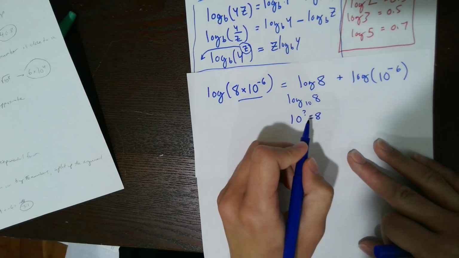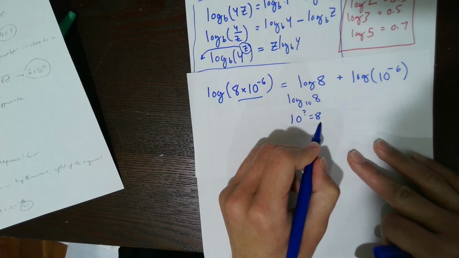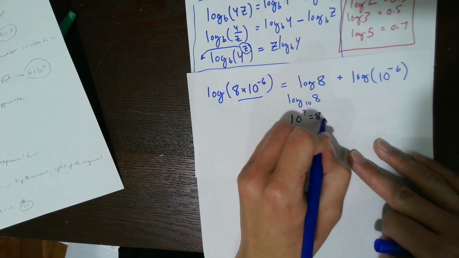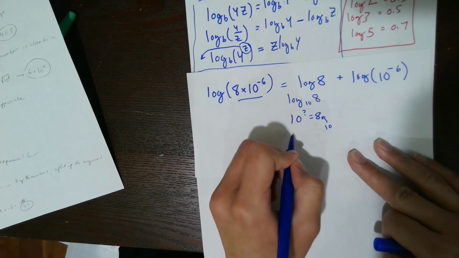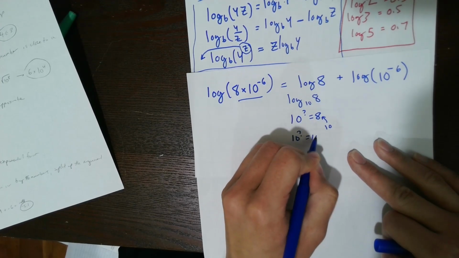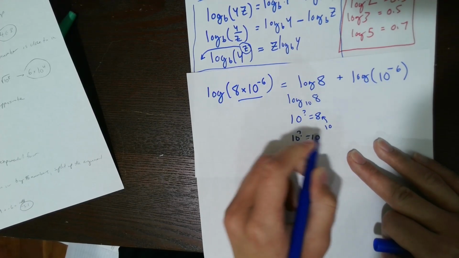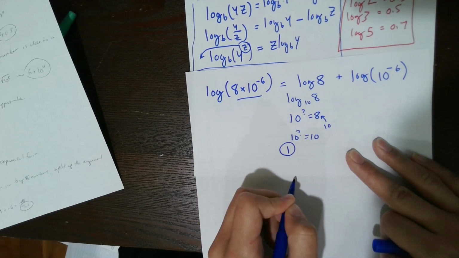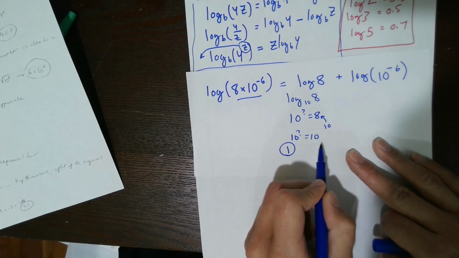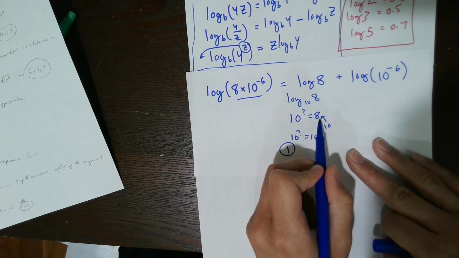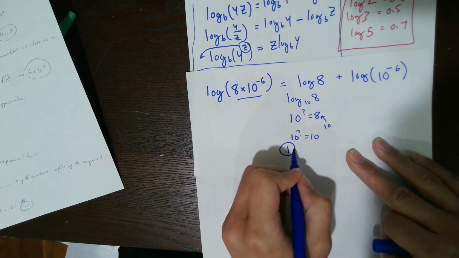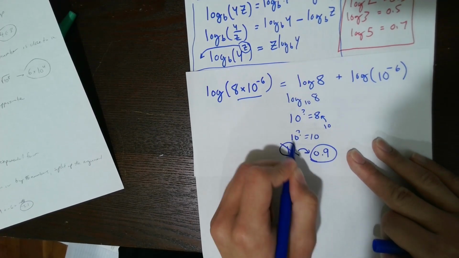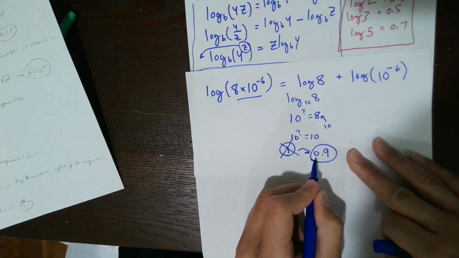So this is tricky because there really is no whole number that we can raise 10 to get 8. But what I'm going to do is round this number to 10. So 10 raised to what is equal to 10? If it was 10, then the number would be 1. But since 8 is a little less than 10, I'm going to round our answer down a little bit to 0.9.